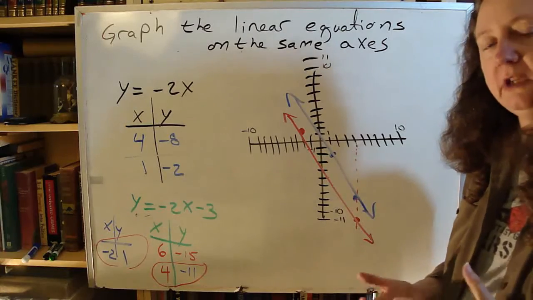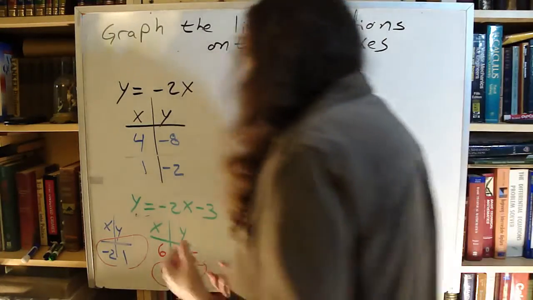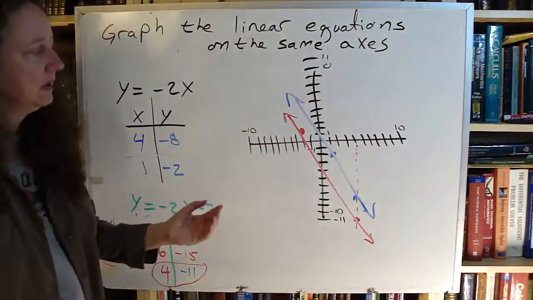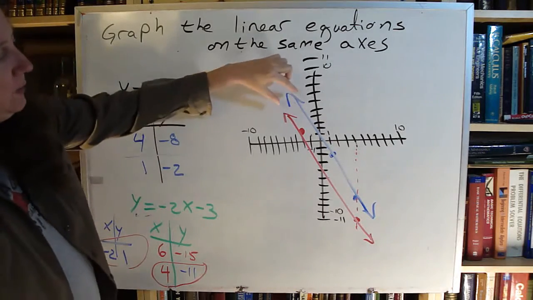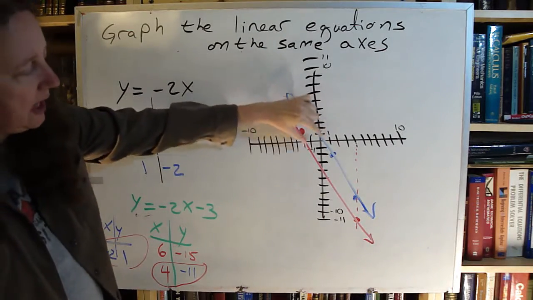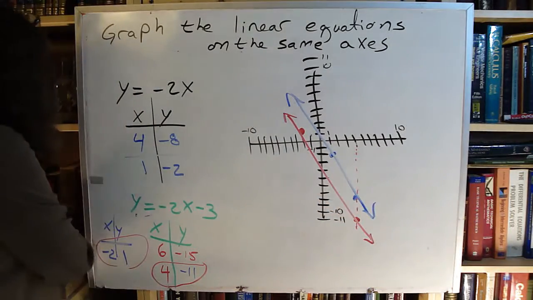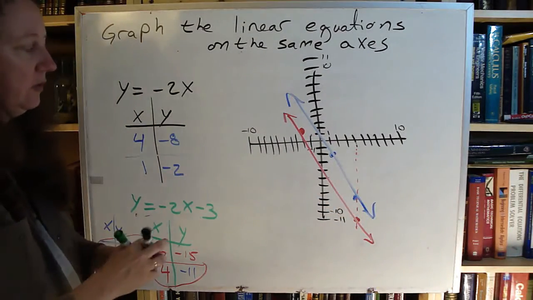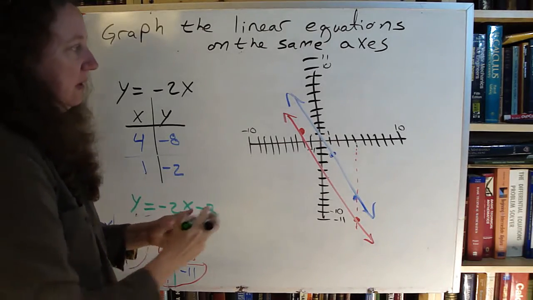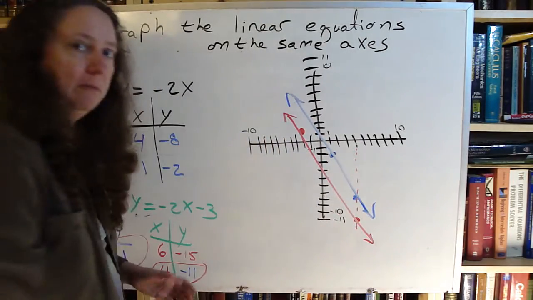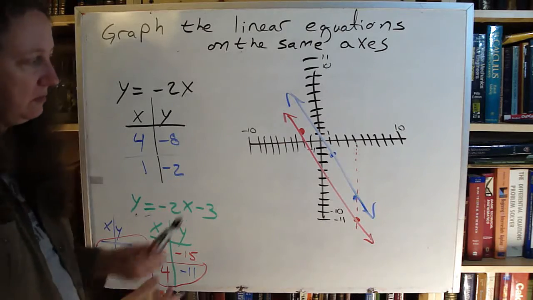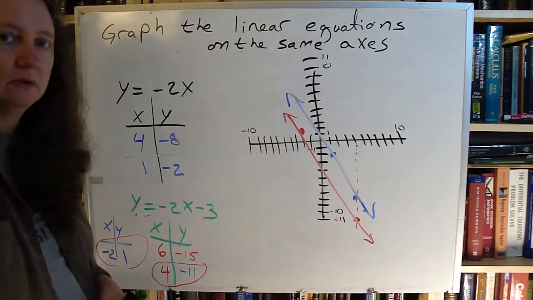Now we have to talk about these two equations a little bit. Looking at my two equations, they look like they are parallel to each other. It's like I could have taken two markers, separated them by a little bit of space, and drawn them both at the same time. And that would have worked to give me my two lines.